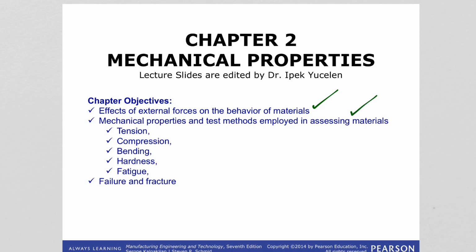We will look at mechanical properties such as elastic modulus, yield strength, ductility, toughness, and the tests applied to measure them, such as tension, compression, bending, hardness, and fatigue. Finally, we will end this chapter with a description of types of and factors involved in failure and fracture of materials.